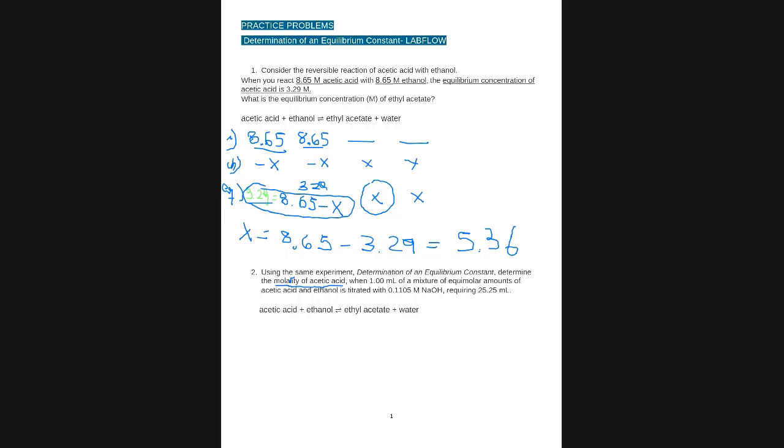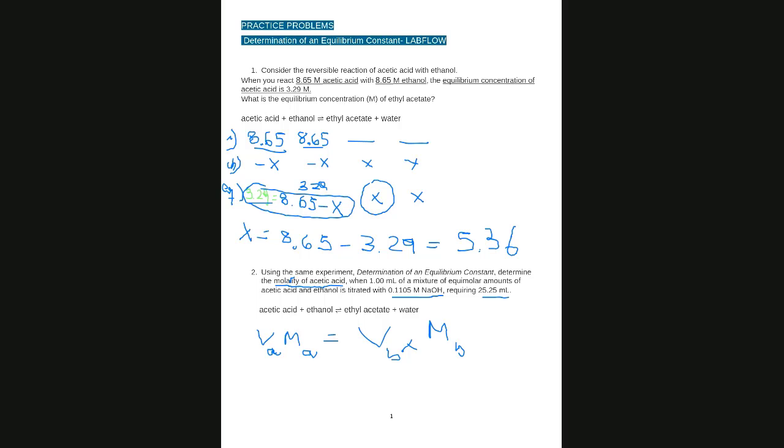And they are saying 1 ml of the mixture of equimolar amounts of acetic acid and ethanol is titrated with this sodium hydroxide requiring this volume. So this is actually what we have seen: volume of the acid times molarity of the acid equals volume of the base times molarity of the base. Same as we did before.